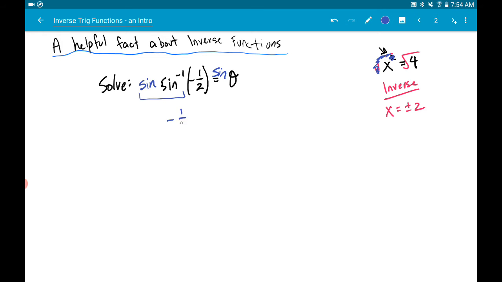They cancel out and it becomes this. And so now it's a little bit easier to see, okay, what value of theta gives me negative 1/2. That's what this question is really asking. So that's absolutely appropriate to write it that way.